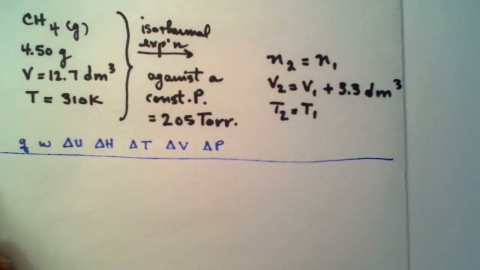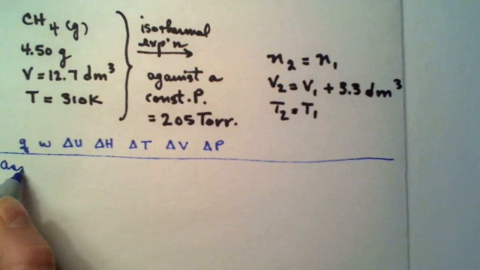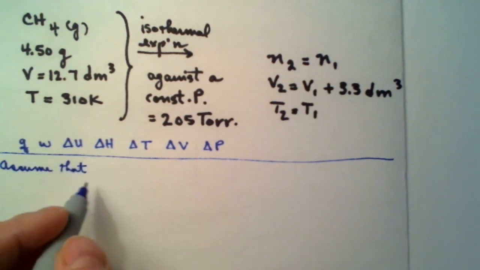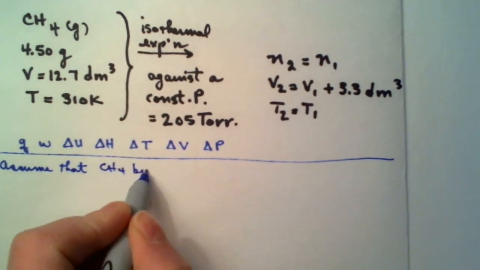All right, so we need to make an assumption here because we're not told that this is a real gas, we're not given a compression factor, and we're not given any van der Waals constants. And so we are going to assume that methane is behaving as what?